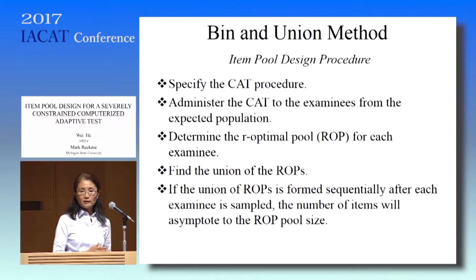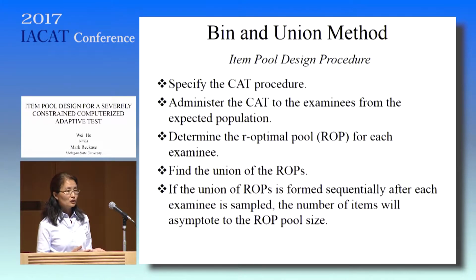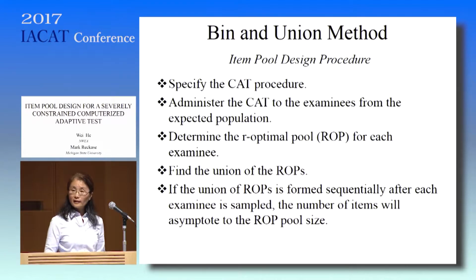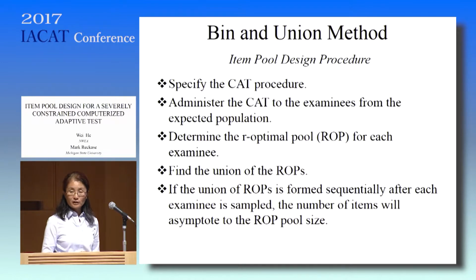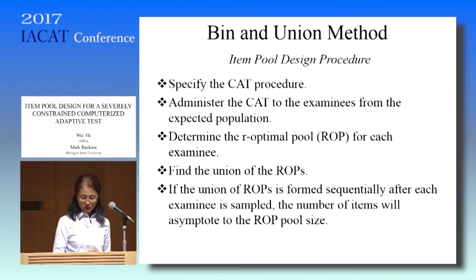To use the Bin and Union method, in general, the following procedures need to be followed. First is to specify the CAT procedure. Then, once the CAT procedure is specified, administer the CAT to the examinees from the expected population.